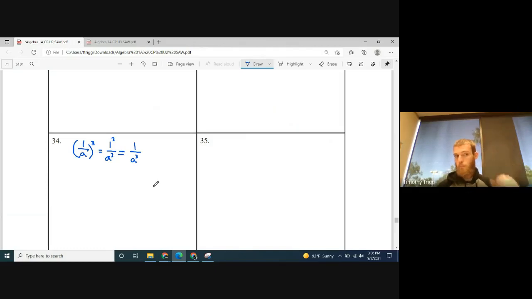Okay. 35. Here we have 3x over y, and this is to the power of 4. So here, everything is going to get to the power of 4. So we're going to have 3 to the power of 4, x to the power of 4, and y to the power of 4. So this fourth power goes to everything in the parentheses.